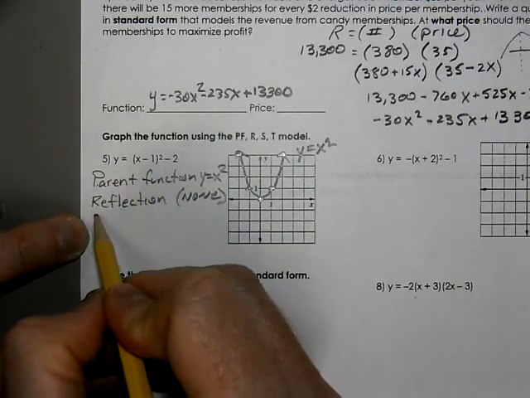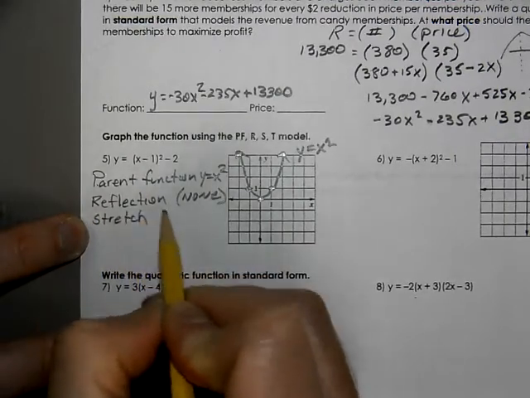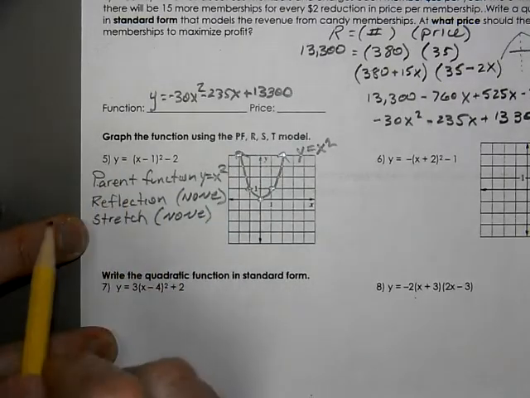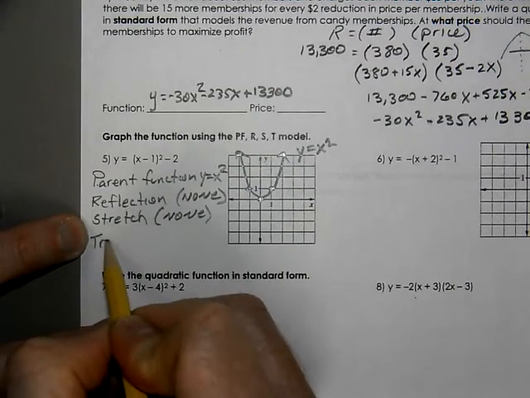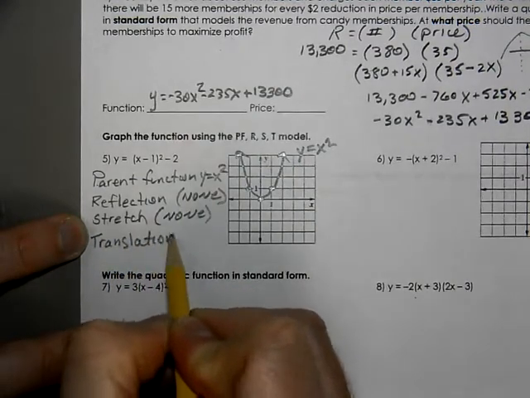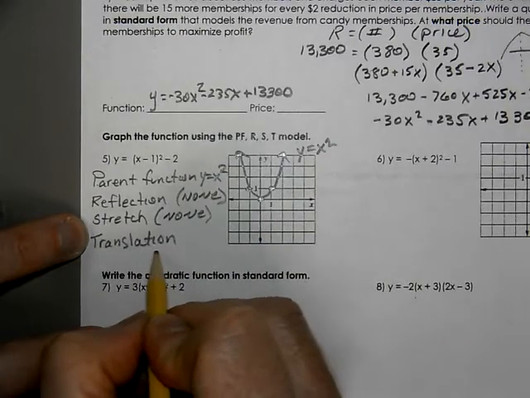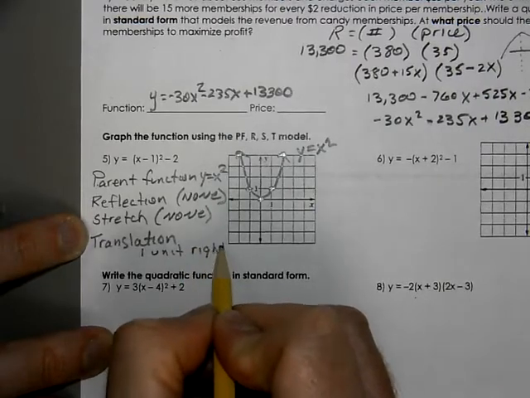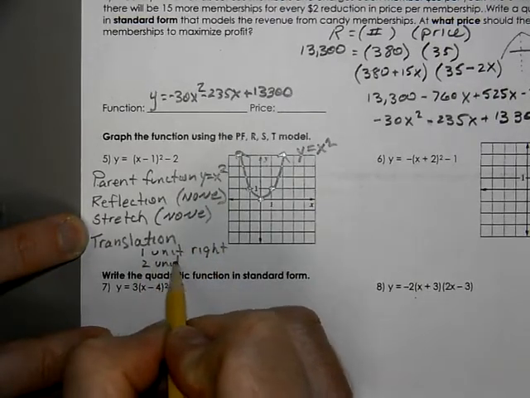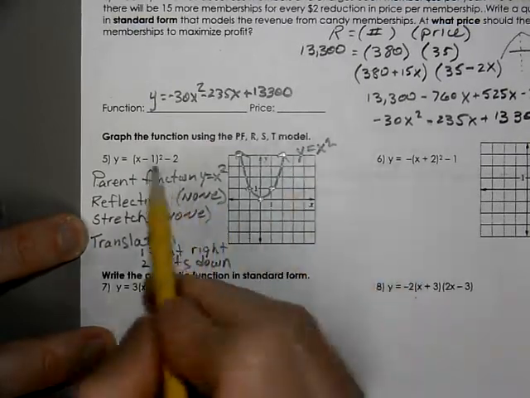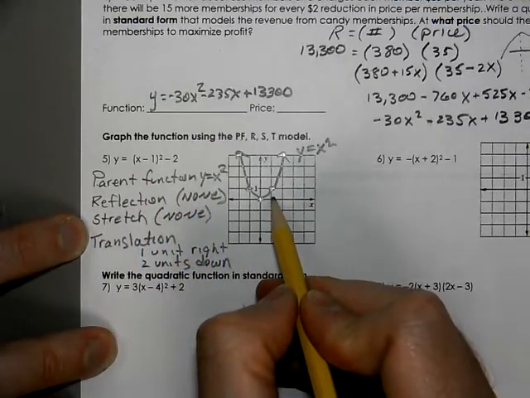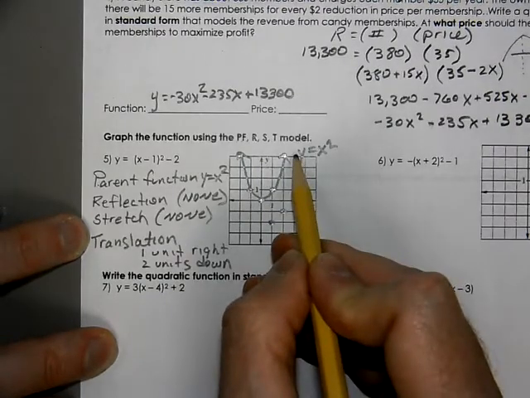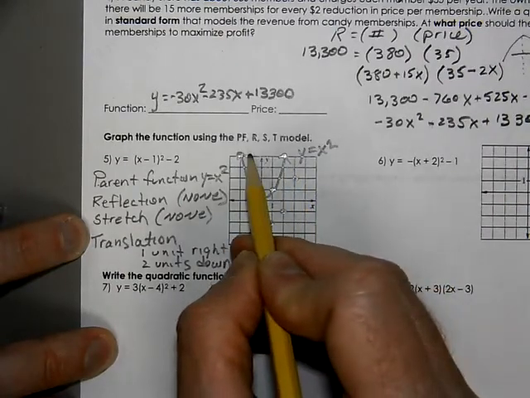We're going to do a stretch, which there is none because you stretch by a factor of 1. Your translation, 1 unit right, two units down. It'll always be the opposite of what's inside your parentheses. So take each of your points, move to the right 1, and down 2.